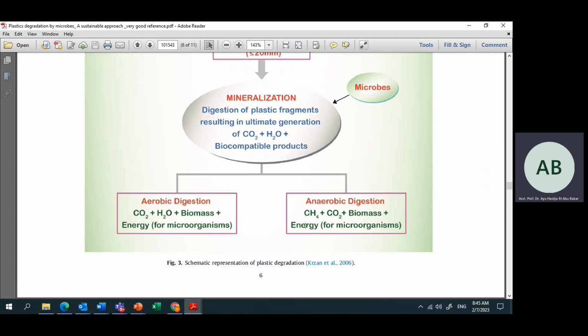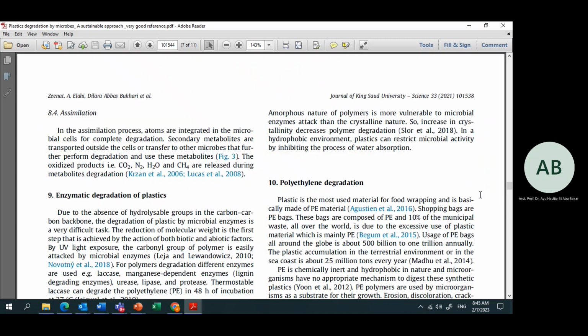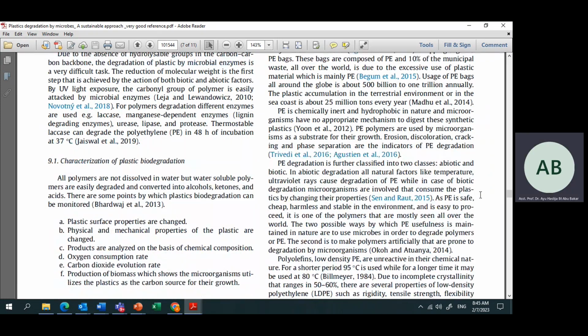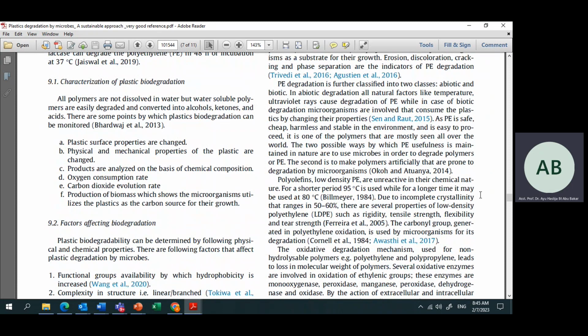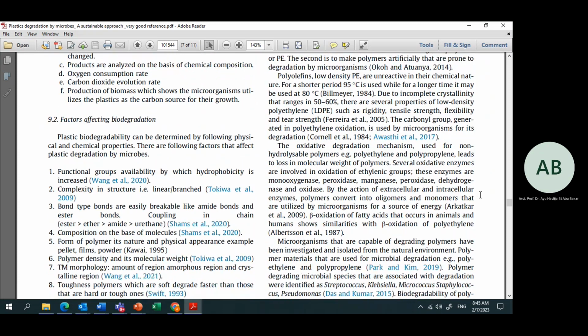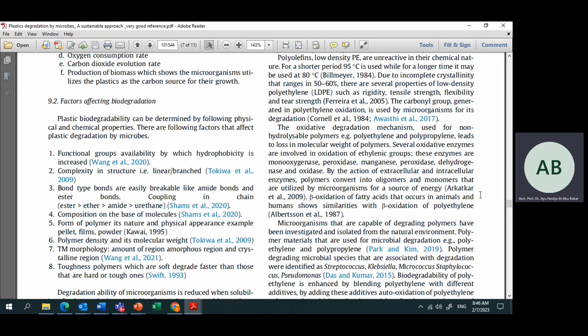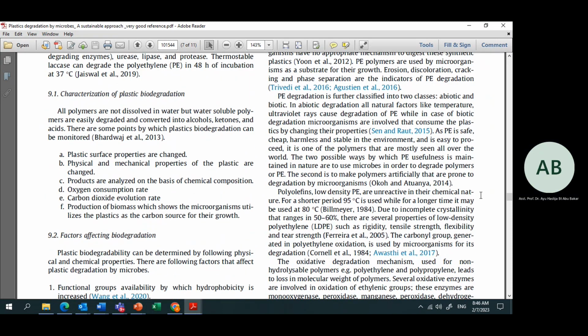But anaerobic will also produce some methane gas. I will share with you this journal, no worries. Perhaps you might want to read this one, characterization of plastic biodegradation and factors affecting biodegradation.